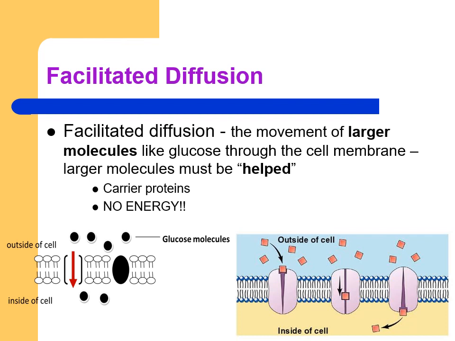So the molecule will dock in the carrier protein, and the carrier protein will change shape to drag that molecule across. It does not require energy because you're still going from high concentration outside of your cell to low concentration inside of your cell, but it does require a protein helper.